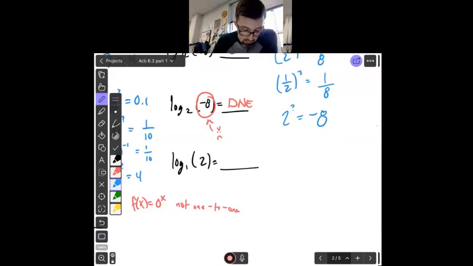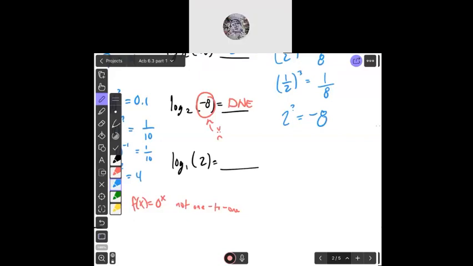Oh, it means what power of 1 equals 2. What power of 1 equals 2. And what's the answer to that, Katie? I think it doesn't work. Yeah, it doesn't work, right?